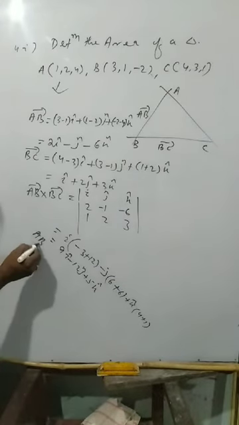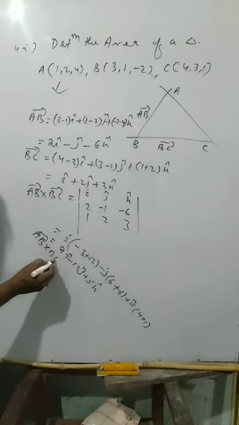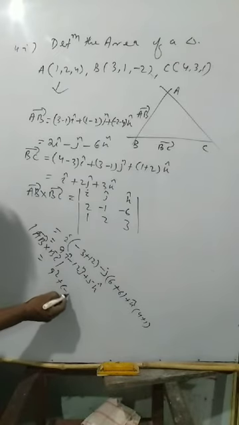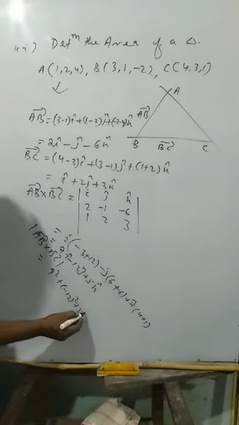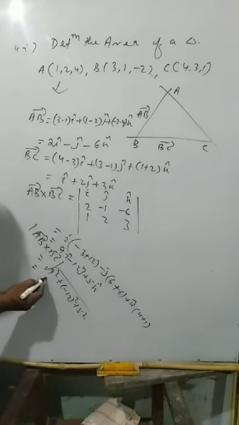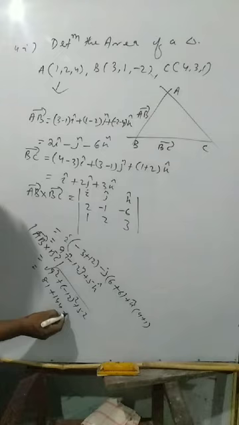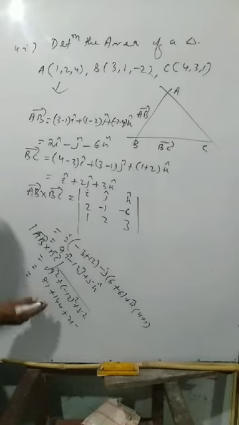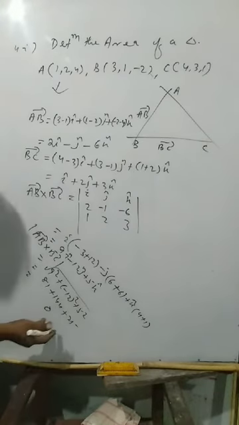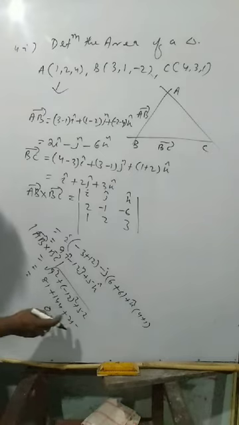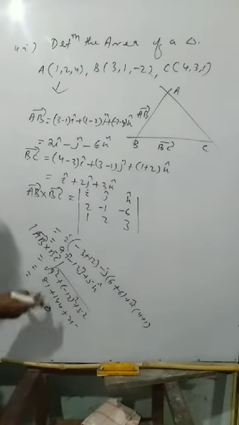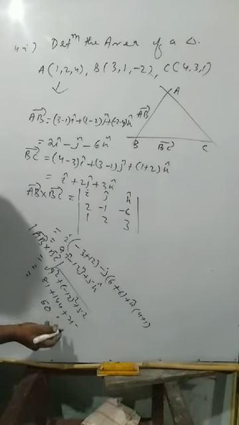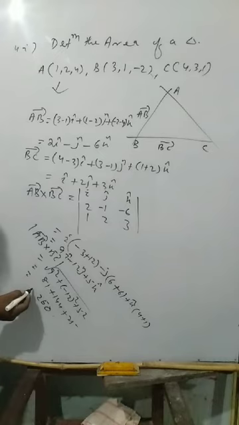Now you find the AB cross BC magnitude. So the magnitude is the root of 9 square plus minus 12 square plus 5 square. This is 81, this is 144, plus this is 25. The sum is 250, so root 250.